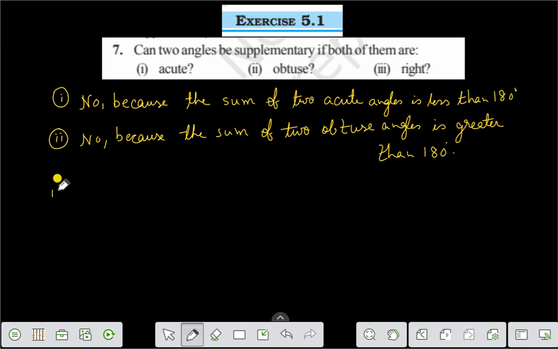Now question number 3. Can two angles be supplementary if both of them are right angles? Yes, because 90 plus 90 is 180 degrees.